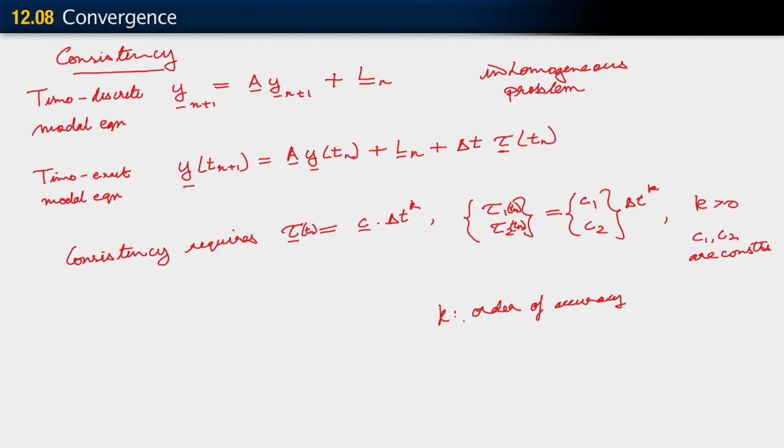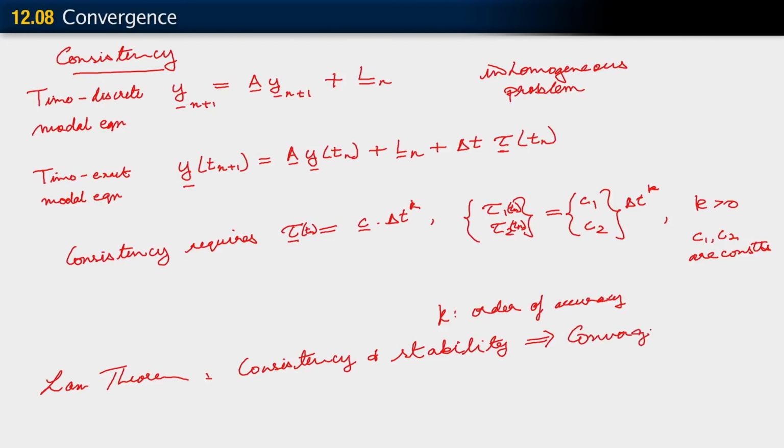Now, when we use consistency and stability to get at convergence, the so-called Lax theorem, which is that consistency and stability give us convergence of our time integration algorithms for this problem, that convergence condition is dependent upon writing out our error.